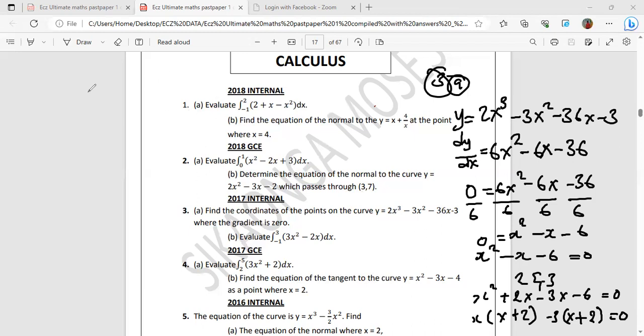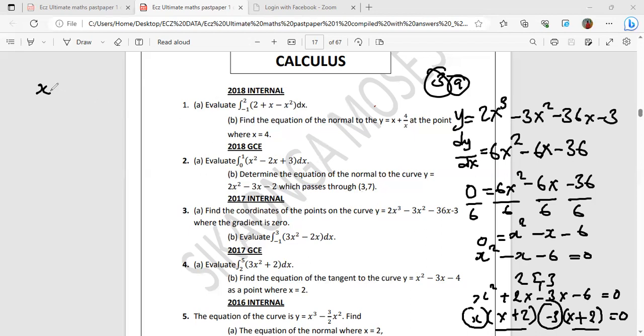Now this bracket is the same as that, so just pick one and the other factor.